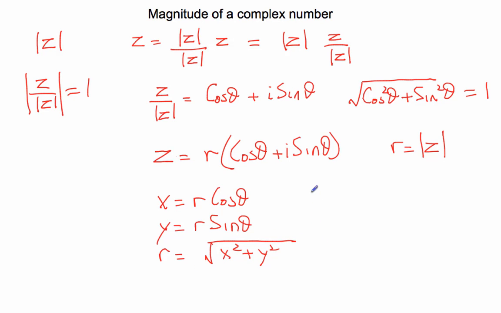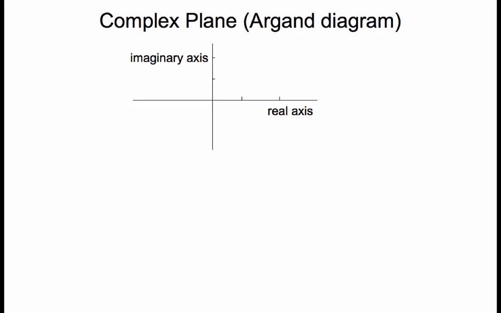But then this over here gives us a certain picture of how to represent a complex number. We'll discuss now how to represent complex numbers. This is called the complex plane. So let's write our complex number as x plus iy. x is the real part, y is the imaginary part, and let's say we want to look at the complex number z equals 2 plus 1 times i.